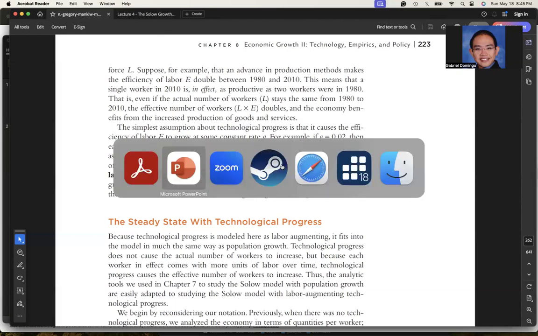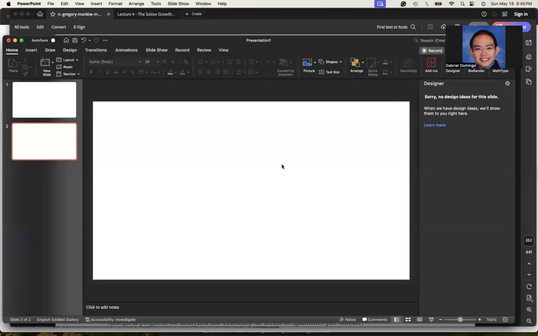Before we go to the actual equation, let's write some things down first.